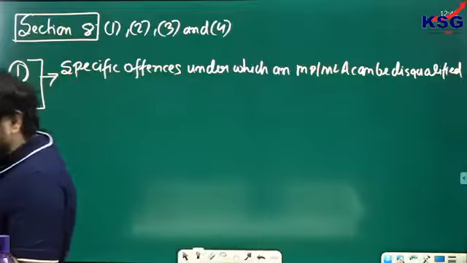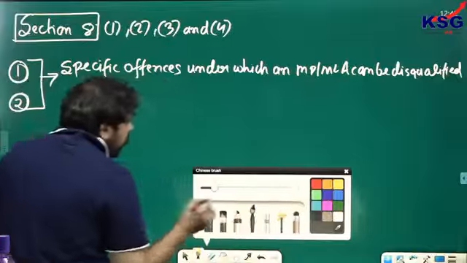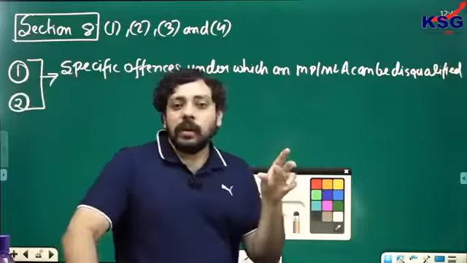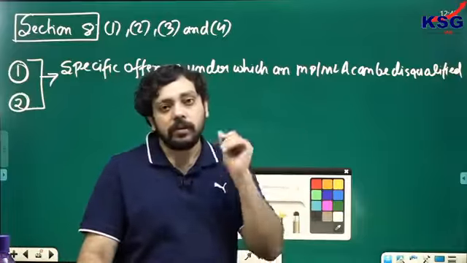Section 8 subsection 1 and 2 are specific offences under which an MP / MLA can be disqualified. Section numbers of certain offences have been mentioned over here, that if a person is convicted of, that person can be disqualified.